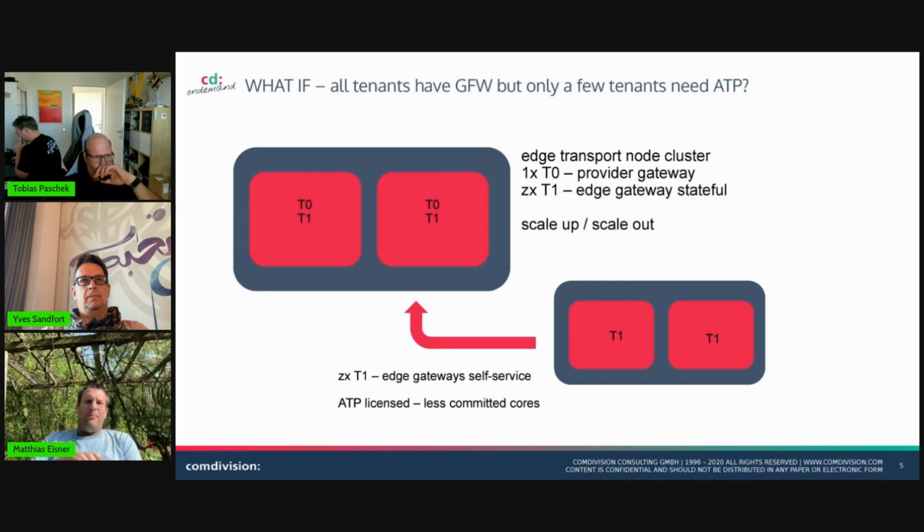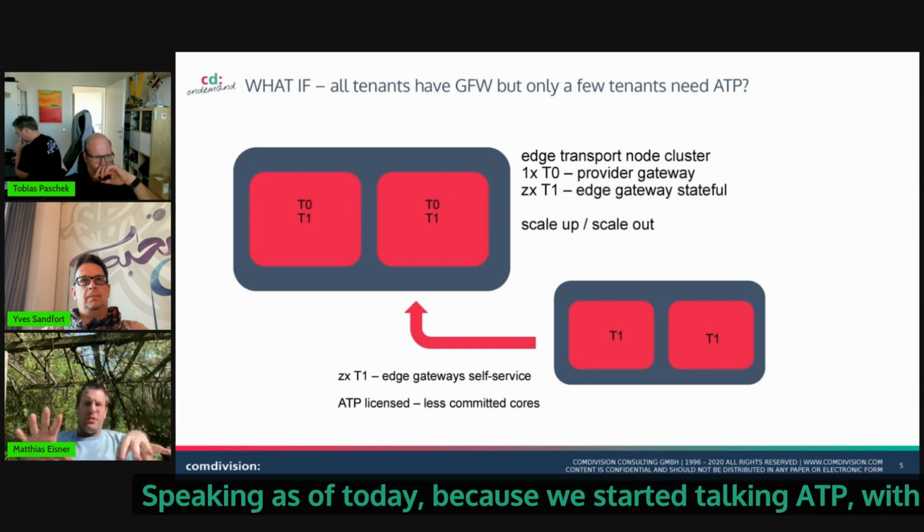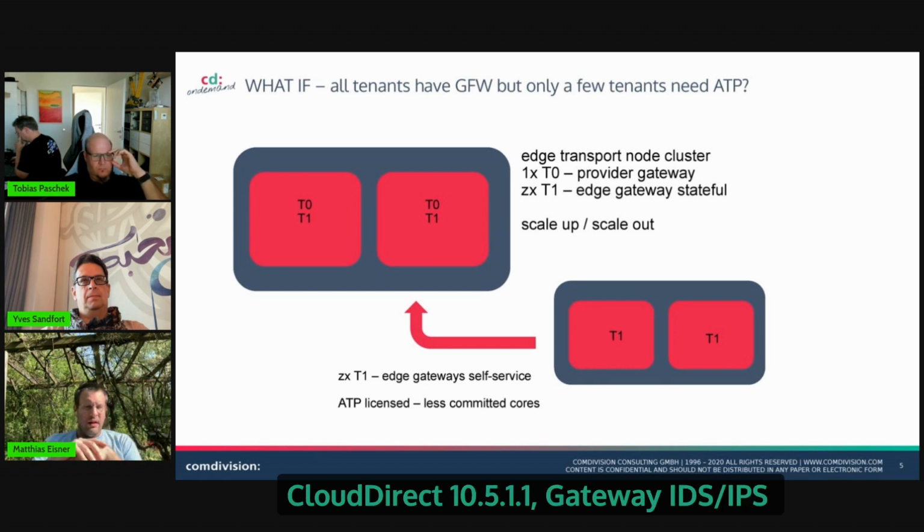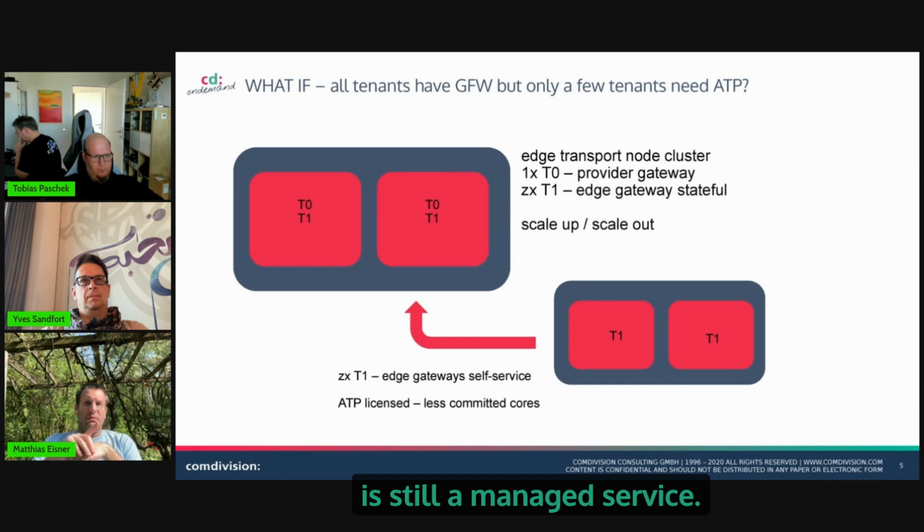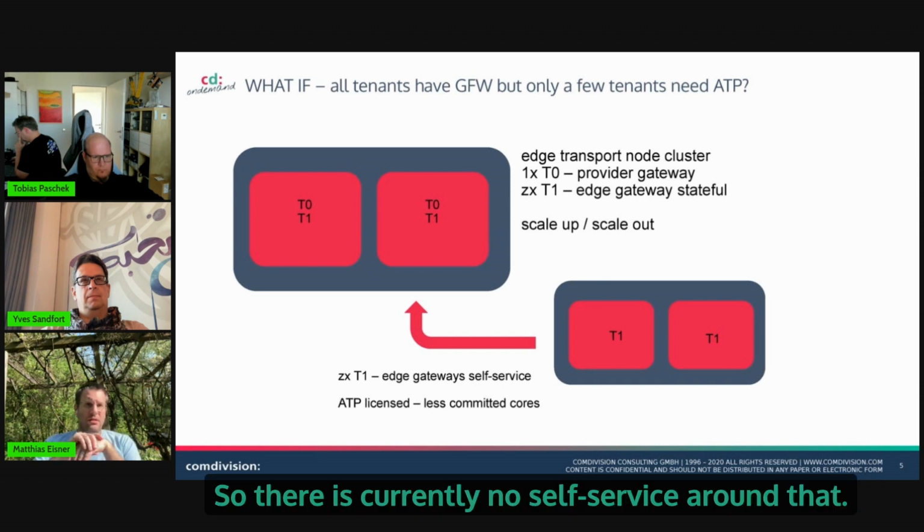Speaking as of today, because we started talking ATP with Cloud Director 10.5.1, Gateway IDS/IPS is still a managed service. So there is currently no self-service around that.